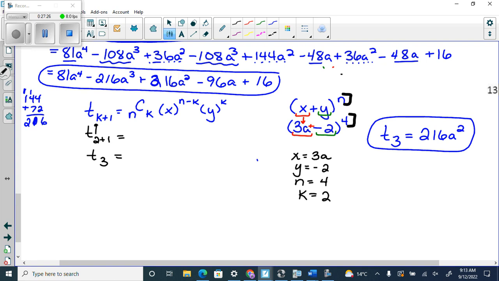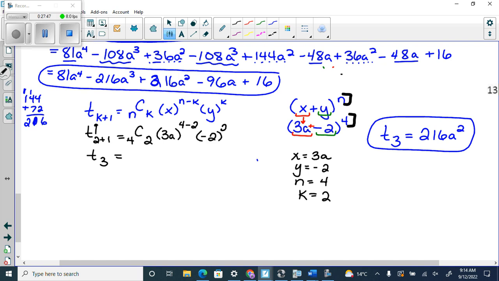So n is 4, c, k is 2, x is 3a to the 4 minus 2, and y is negative 2 to the k, which is 2.